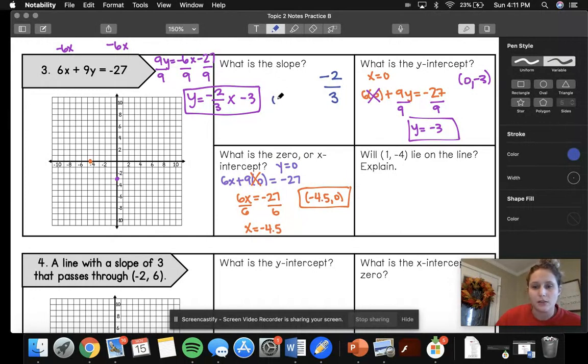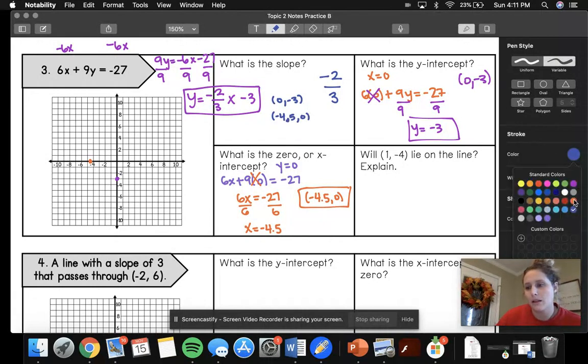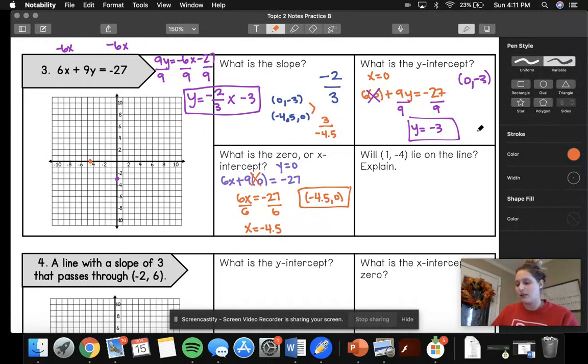So this is the y-intercept, this is the x-intercept. The change in the y's, this is going up 3, this is going down 4.5. And then if you type that into your calculator, 3 divided by -4.5, and then hit math, fraction, enter, you get -2/3. So you could also just use the points from the intercepts.